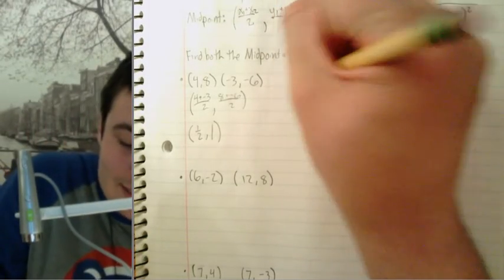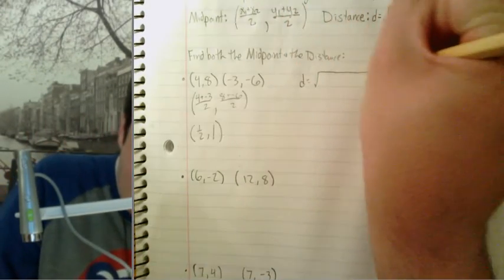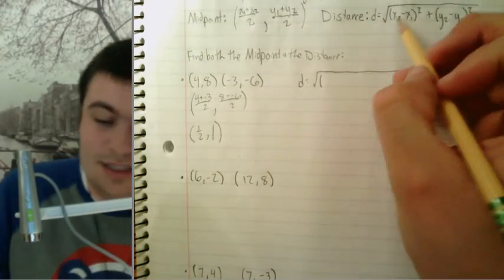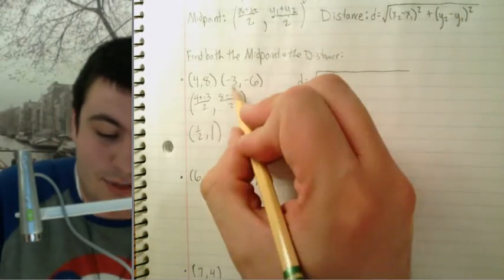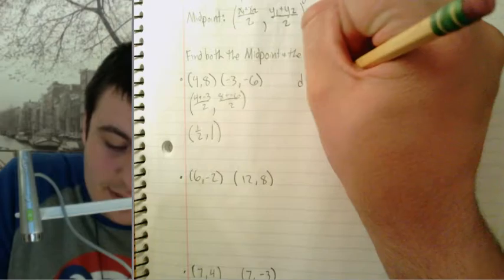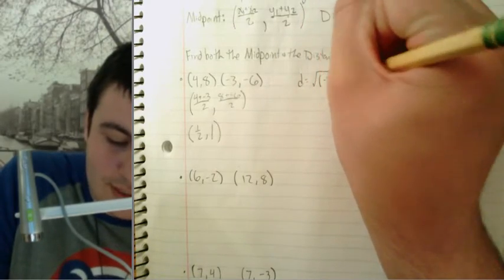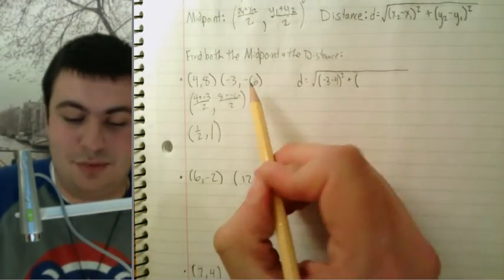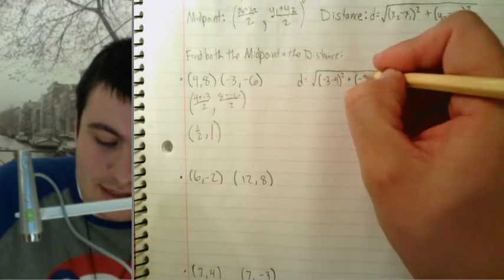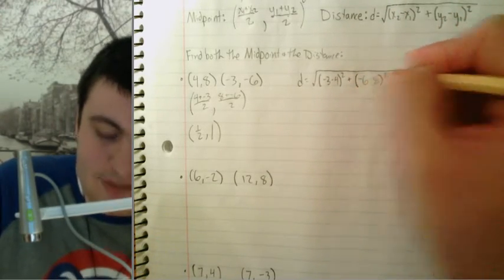We're going to say that the distance is equal to the square root of our difference of x's, x2 minus x1, so negative 3 minus 4 squared, plus our difference of y's, so y2, negative 6 minus 8 squared.